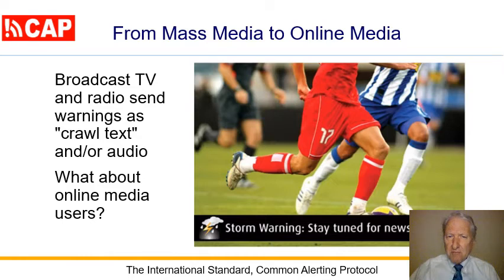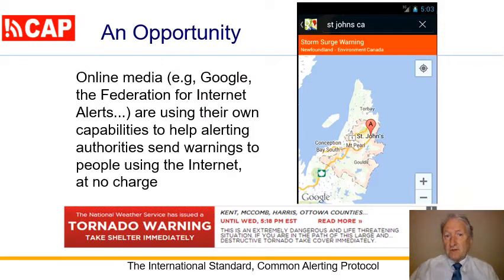Yet this public-private collaboration required decades to implement and consumes huge ongoing investments in specialized technology. But this mass media alerting does nothing to reach users of online media. So online media users miss out on alerts carried only on mass media.